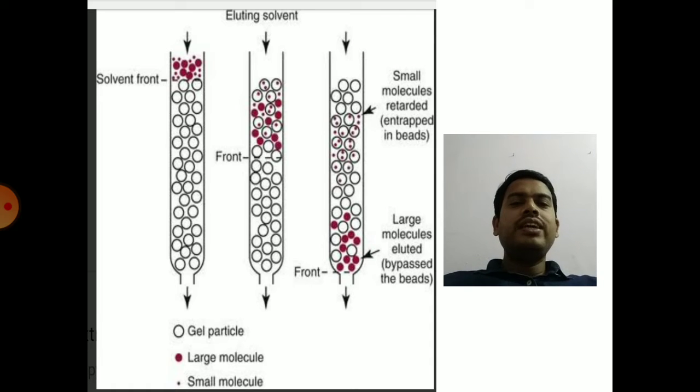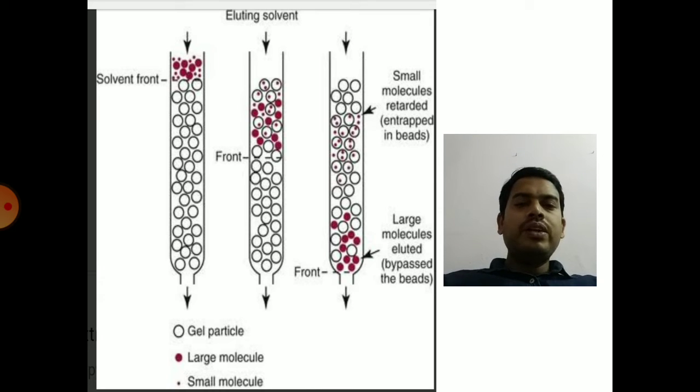You can clearly see the glass column packed with stationary phase, and then you apply your sample at the top of the stationary phase. For example, if you want to separate a single protein from a mixture of proteins exhibiting different shapes, you can see large molecular weight proteins and small molecular weight proteins.